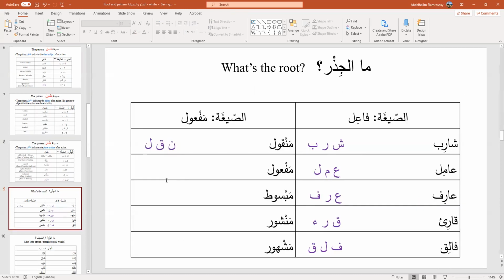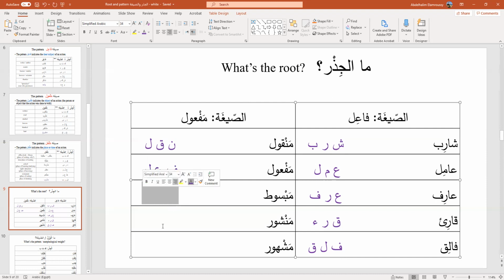So the root here is the same as the fa ayin lam. That's the root. مبسوط is ba sin ta. ممتاز. منشور is نون شين راء, and مشهور is شين هاء راء.